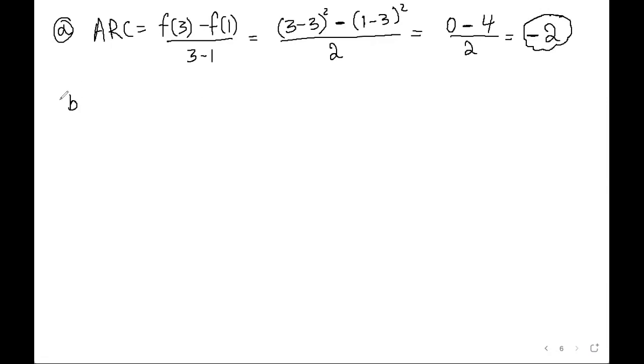For the second one, average rate of change. Who will do the second one? Juwan, would you like to do it?